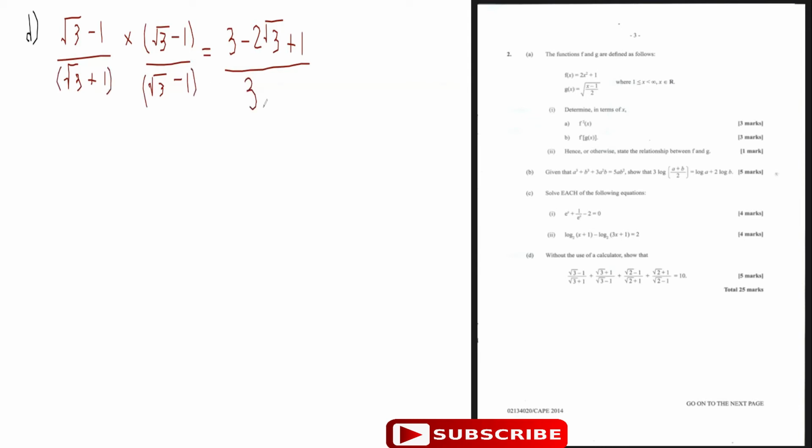So this part works out to be 3 minus 1, which is 2. So all of this is working out to be 3 plus 1 is 4, so 4 minus 2 root 3 over 2.